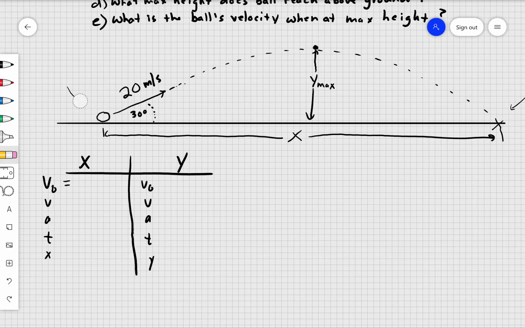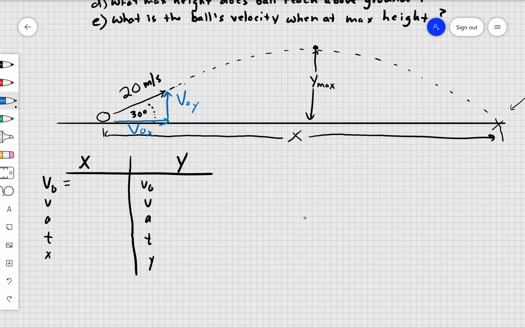What's going on here is the ball will have an initial x velocity and an initial y velocity, v naught in the y direction and v naught in the x direction. And it's a right triangle.